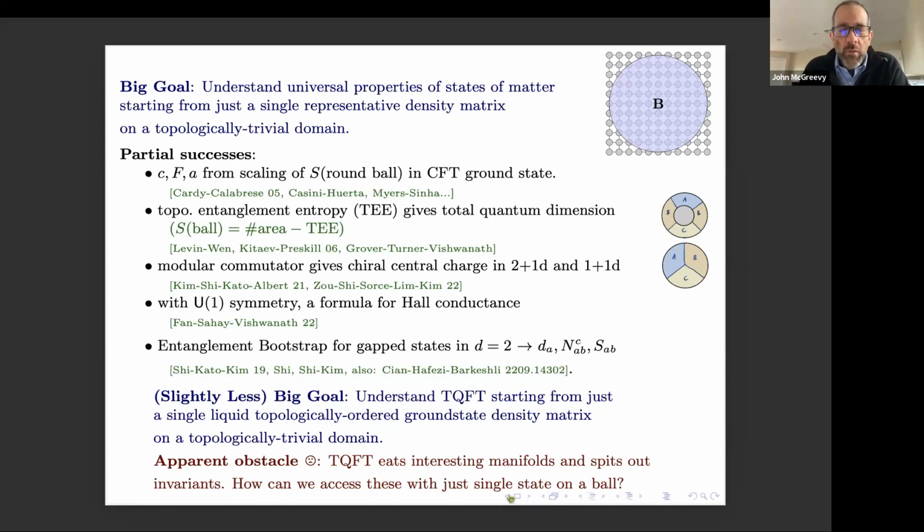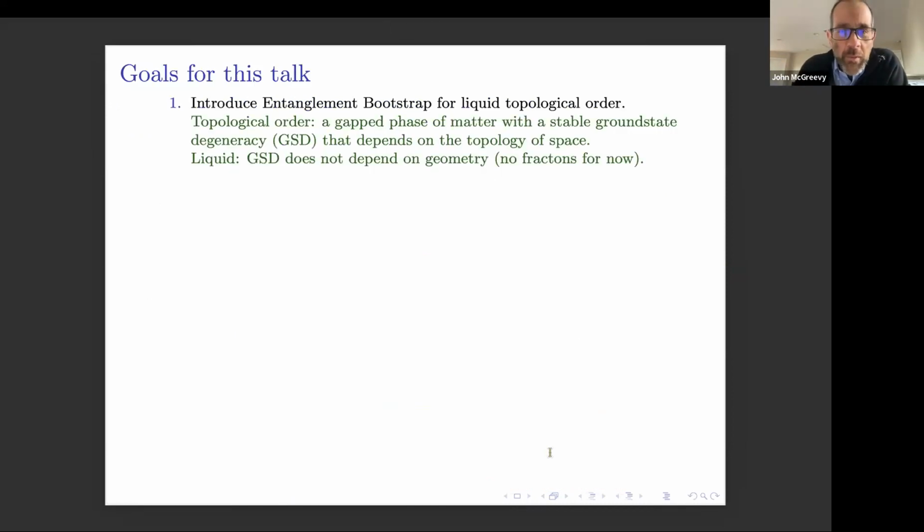But I've just told you that we're only allowing ourselves the density matrix on a ball, on this very topologically trivial region. How can we access all this other information about the topological field theory from this point of view? Okay, so I'd like to spend the first part of the talk partly answering that question.